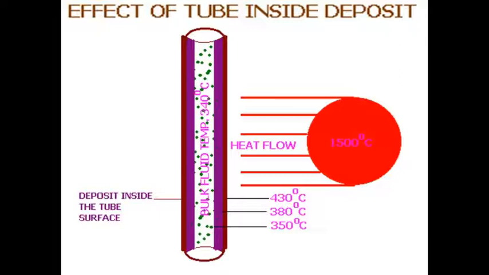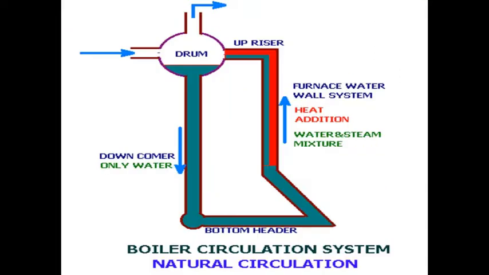That is the point of concern: the water or water steam mixture is not receiving more heat, but the tube metal is receiving more heat, and as a result its temperature changes due to the scaling resistance given by the scales. Consequently, natural circulations occur due to thermosiphonic action, driven by gravity.